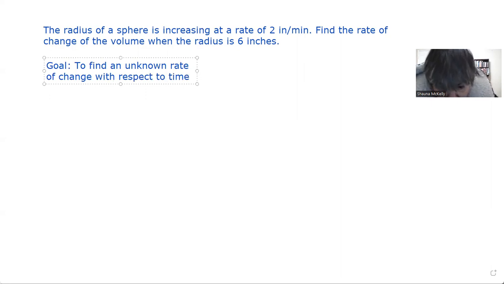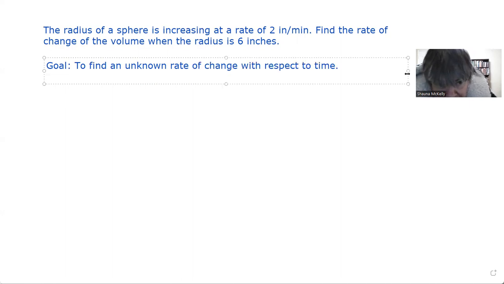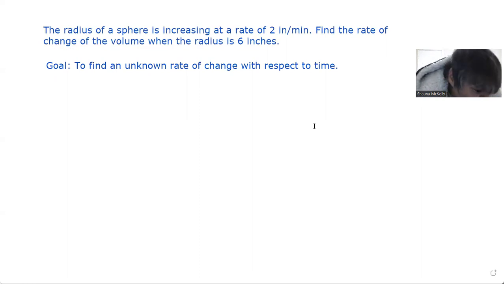That's always our goal in a related rate problem. Sometimes, as I said, there are more than 2, and sometimes you're looking for more than 1 rate, but you have at least 1 unknown rate of change that you're looking for.